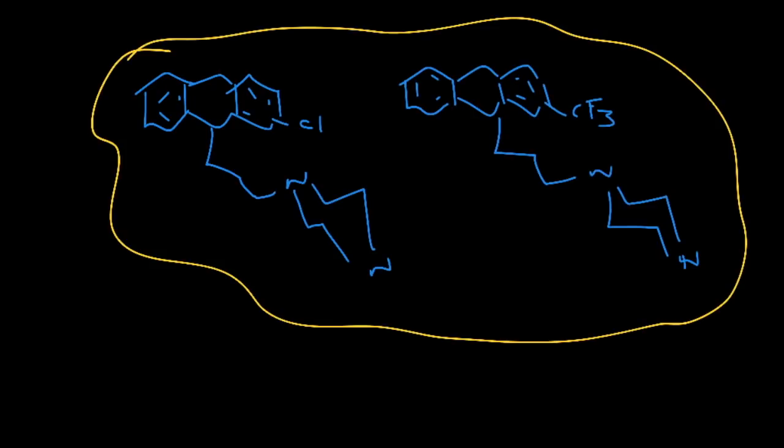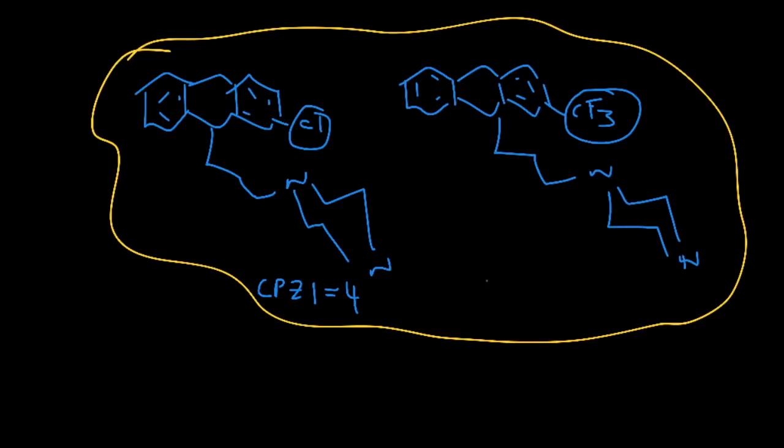Okay, so let's say this one on the left has a CpZi value of 4. This is the piperazine ring. Everything being equal except changing this chlorine to a CF3, what would you expect the CpZi value to be?